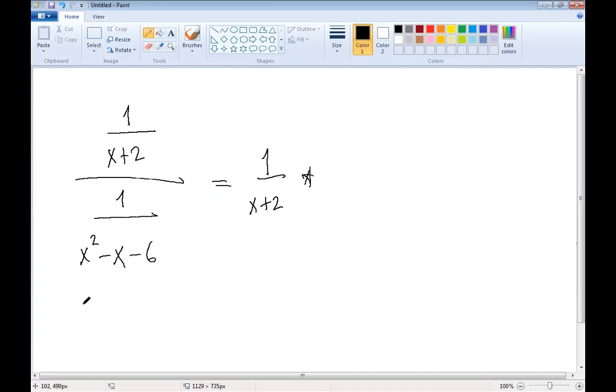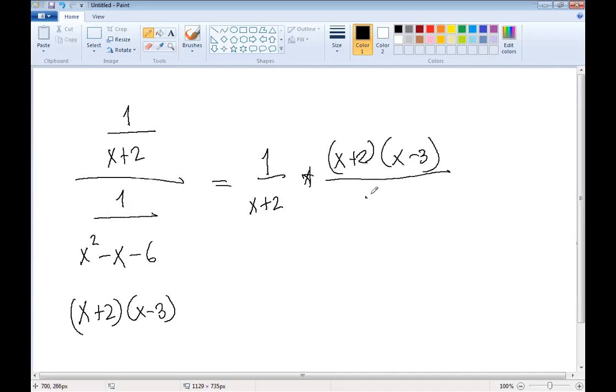The factor of this one is x plus 2 and x minus 3, right? So therefore, this one now becomes our numerator. So we have x plus 2 and x minus 3 over 1. So cancel out this one, cancel out that, cancel out that. So your result now is equal to x minus 3.